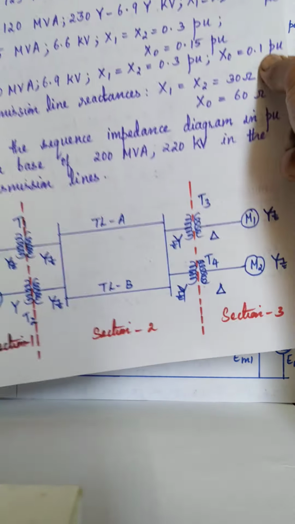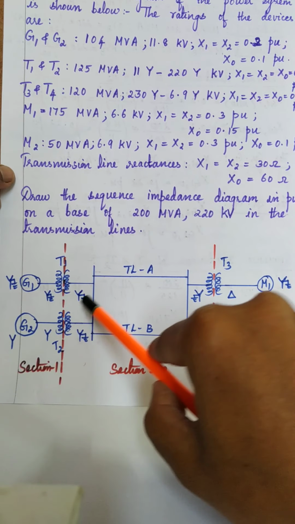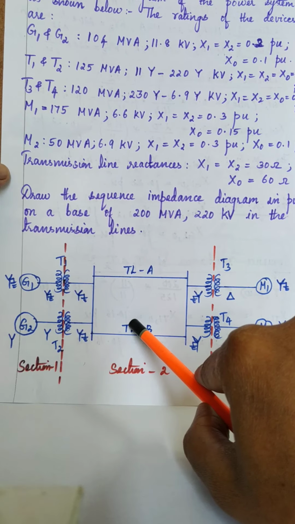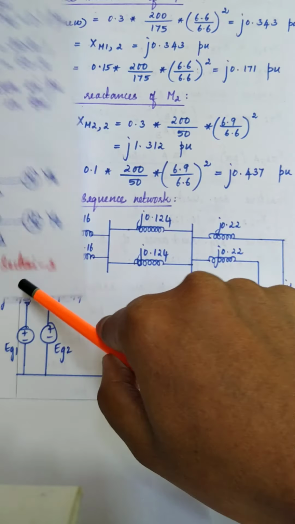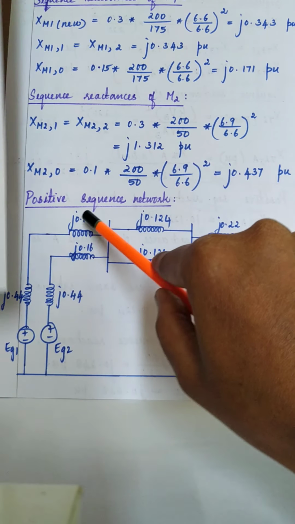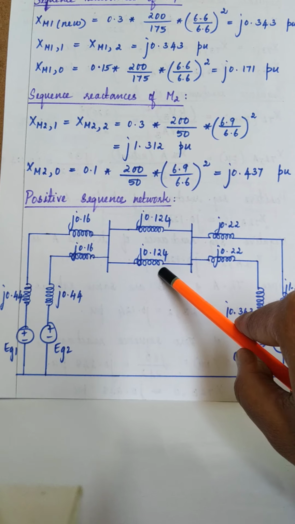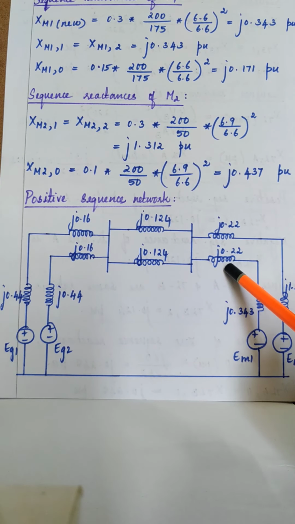In accordance with the given single line diagram, draw the impedance diagram first. So this is G1, this is G2, this is T1, this is T2, transmission line A, transmission line B, T3, T4.